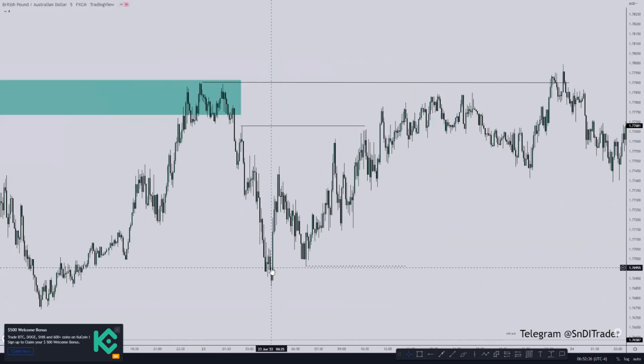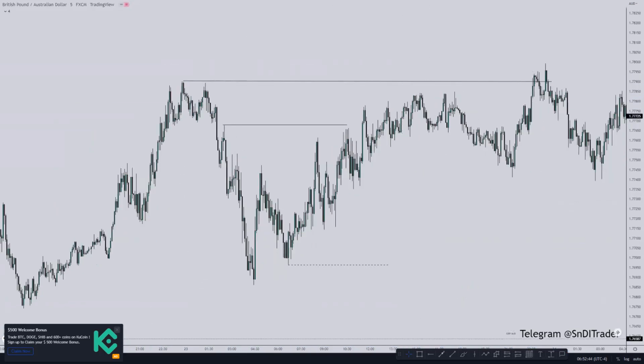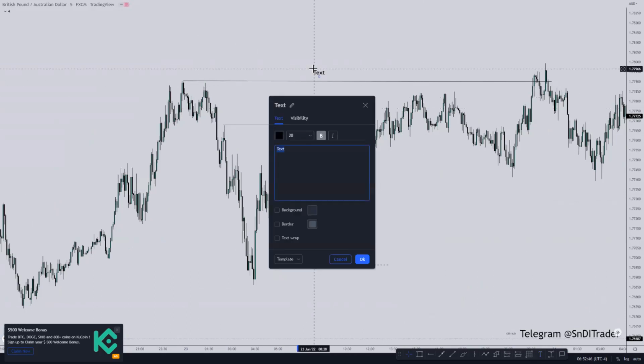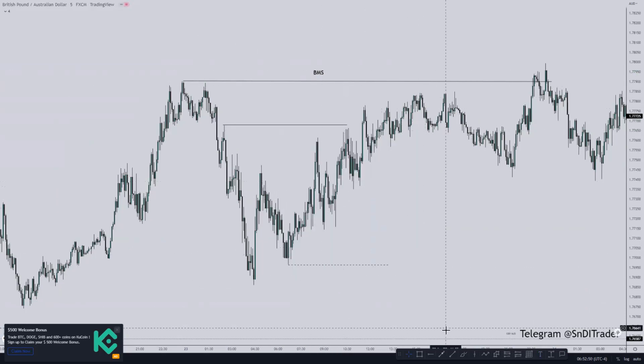You see this last low has taken out this high as well, so we have a break in market structure towards the upside, and this last low has failed to fill this fair value gap completely.